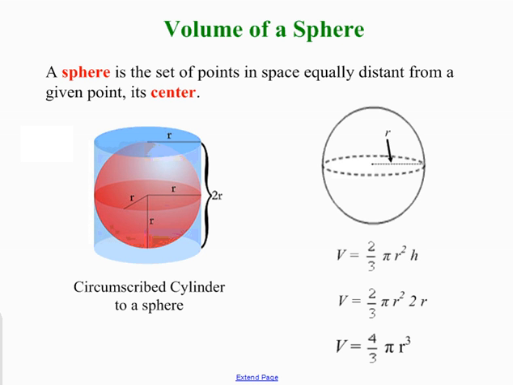As you can see here, the definition of a sphere is the set of points in space, meaning three-dimensional space, equally distant from a given point, its center. So, you can see in the diagram on the left, we have a circumscribed cylinder to a sphere. So circumscribed means that the cylinder encloses the sphere.